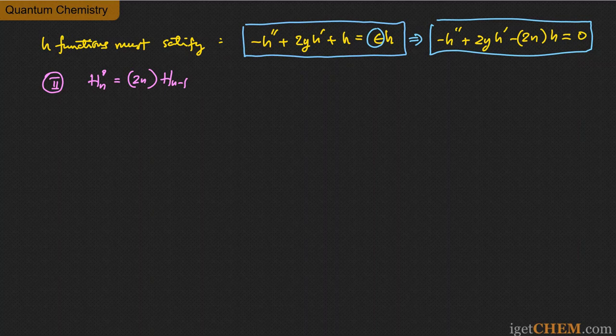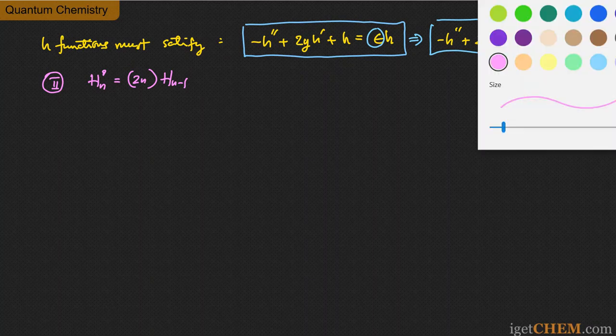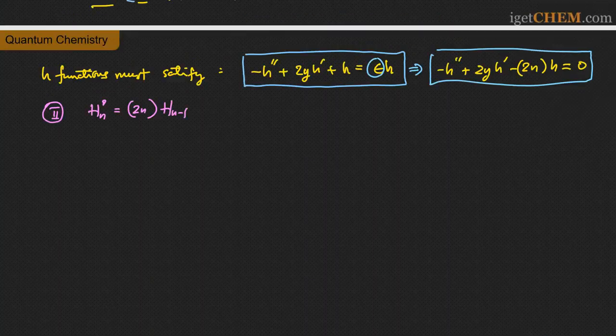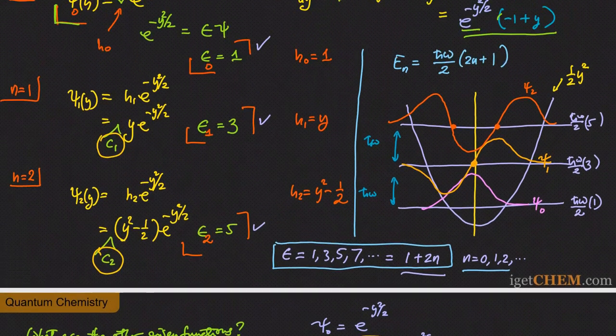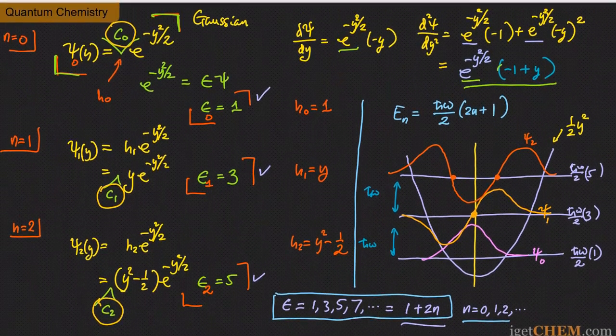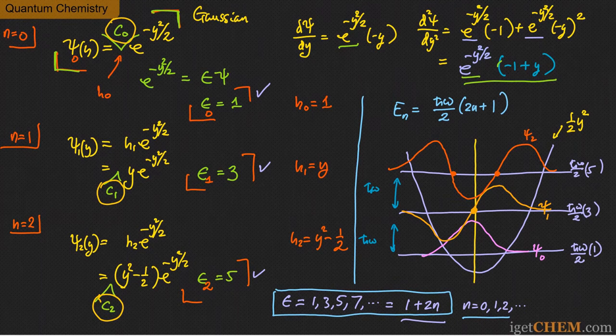Now I need to, at this point, make a comment. So we have said that the normalization coefficients of all of these eigenfunctions, which are right here, there, and there, we cannot figure out except by requiring the wave functions to be normalized.